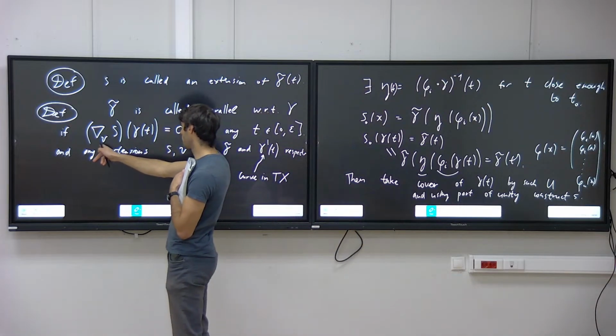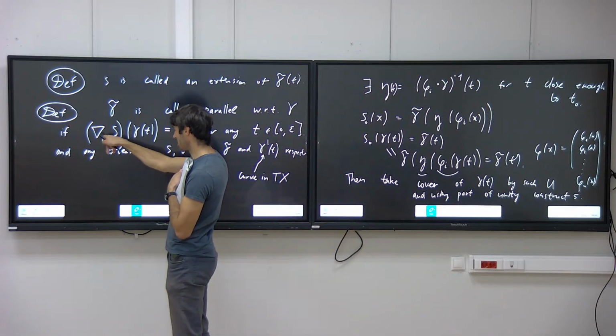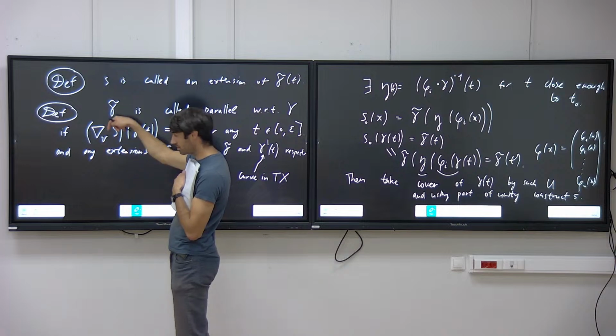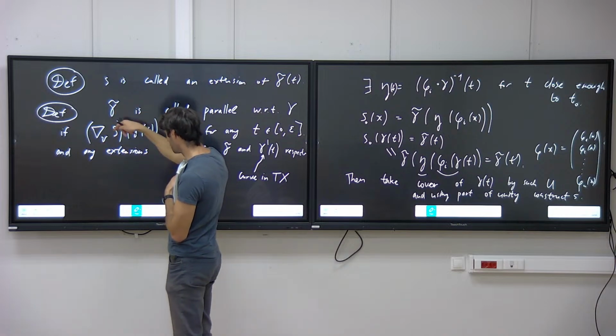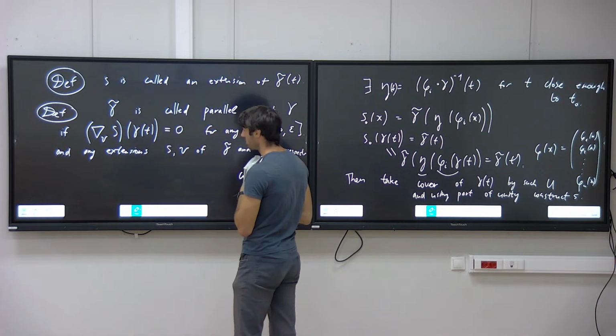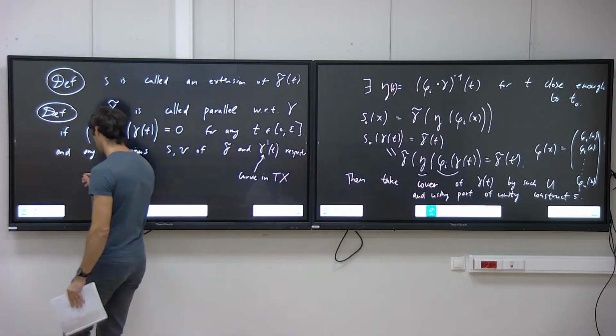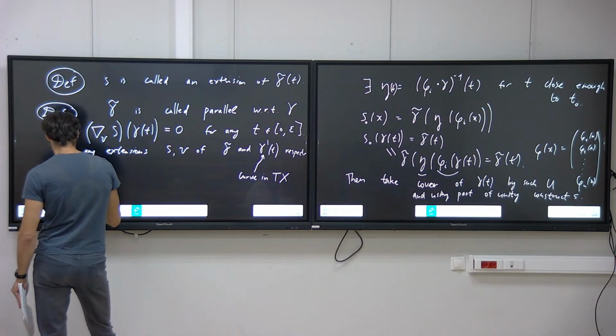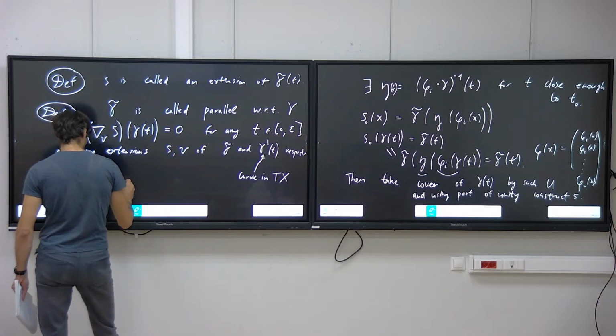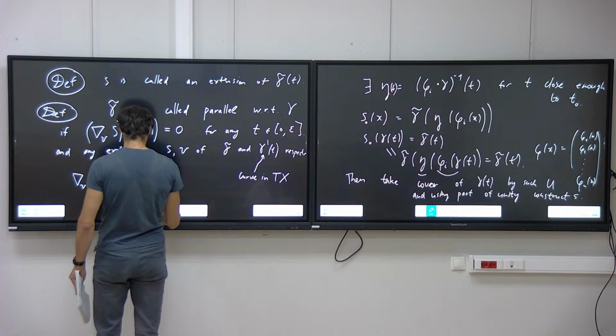By the way, I never discussed what is nabla with lower index V. It just means that I take nabla E of S. So I take nabla of S, right?